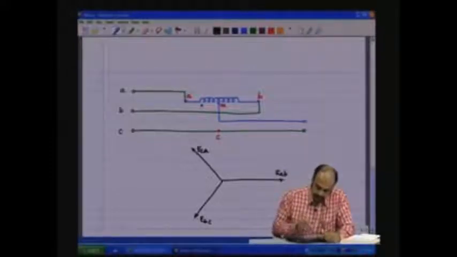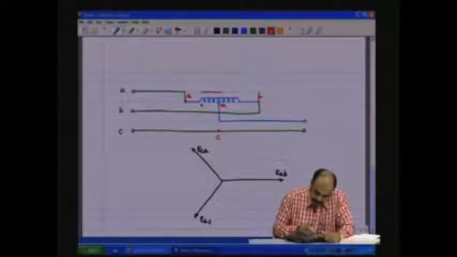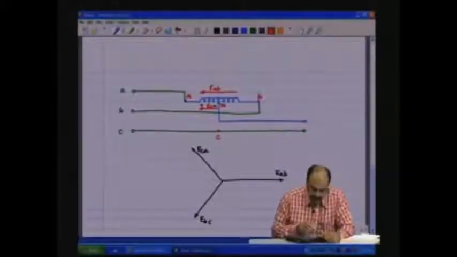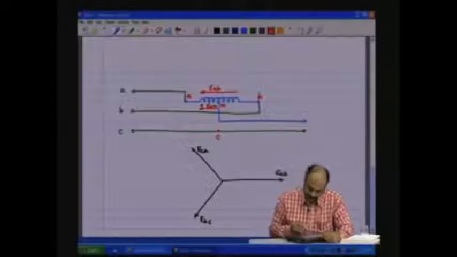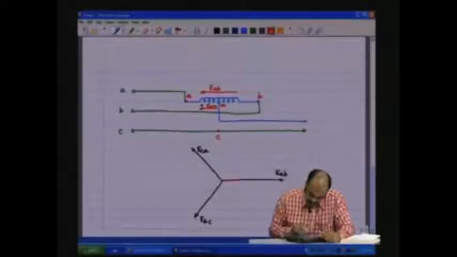Now what is the potential EAM? So, this is EAB. Now, what is EAM? As it is at the midpoint of the winding, EAM will be half of EAB, and this is EAM.